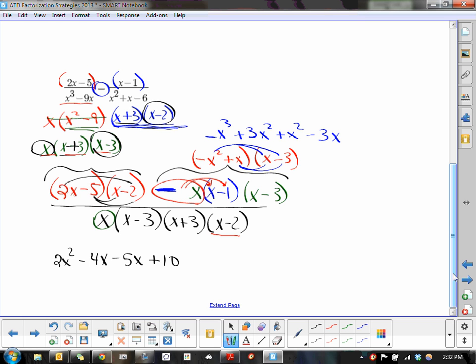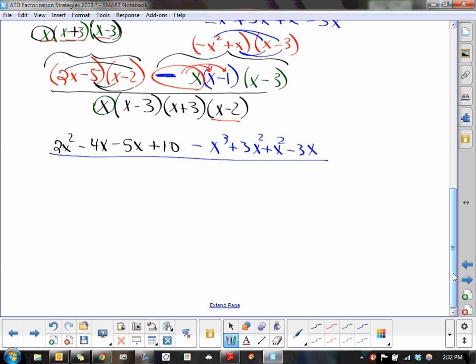Now that goes down here, negative x cubed plus 3x squared plus x squared minus 3x, and that's all over your what? Least common denominator. We've already done our distributing. After you distribute, you do all of your collecting. So find all those things that are alike. Negative x cubed. You want to put it going high to low in power.